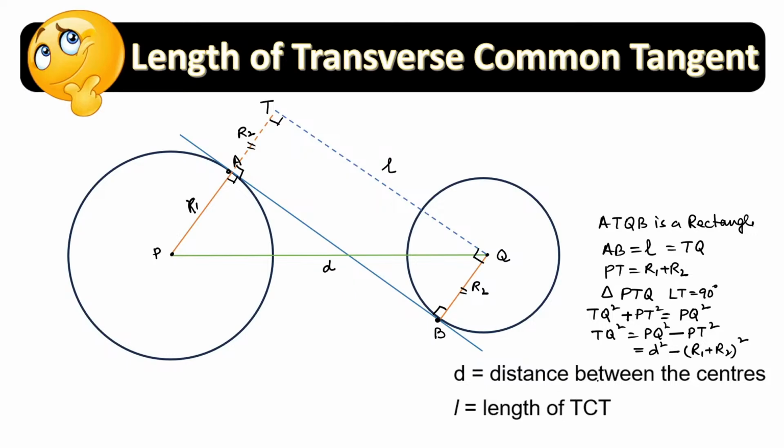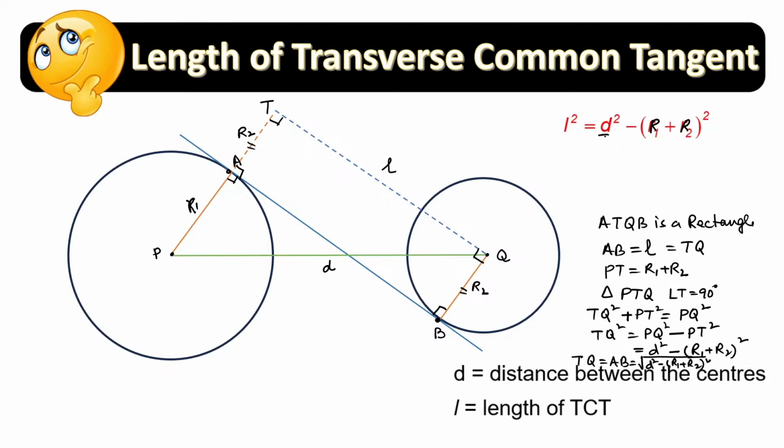Therefore, the length of the transverse common tangent TQ, which is the same as AB, is under root D square minus (R1 plus R2) whole square. That's it. Is it clear?